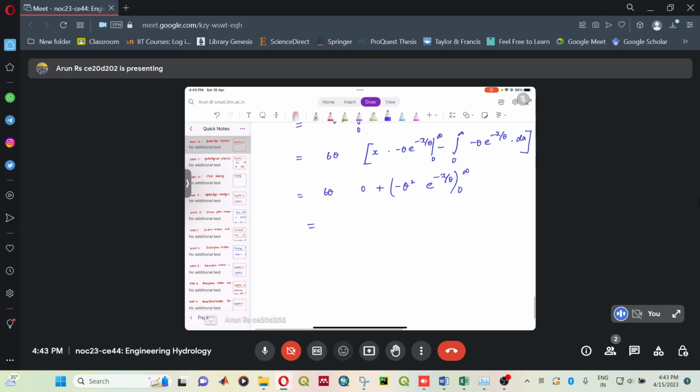So if we simplify this, we will get 6 theta cube. So we got E of x cube.